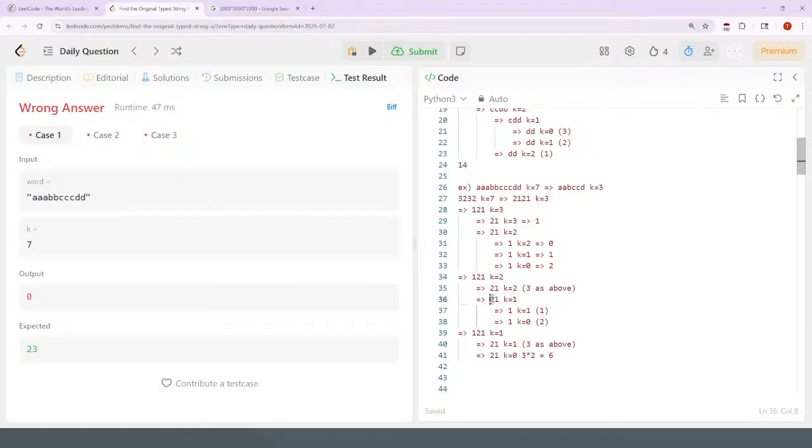And then if the first thing isn't intended, the second thing's not intended, then it's one thing left, k equals 1.